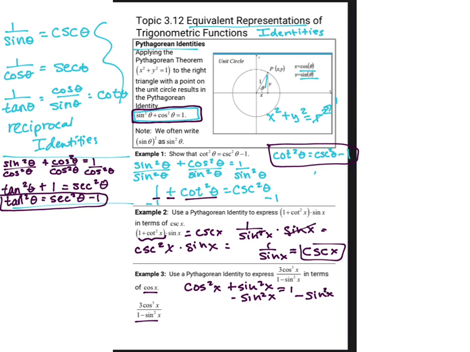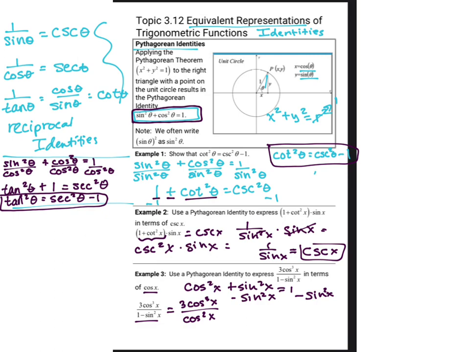that is cosine squared x? Can you tell that? Yes. So instead of having 1 minus sine squared x on the bottom, what could we call it? We can call that cosine squared x. And we're using an identity to substitute.